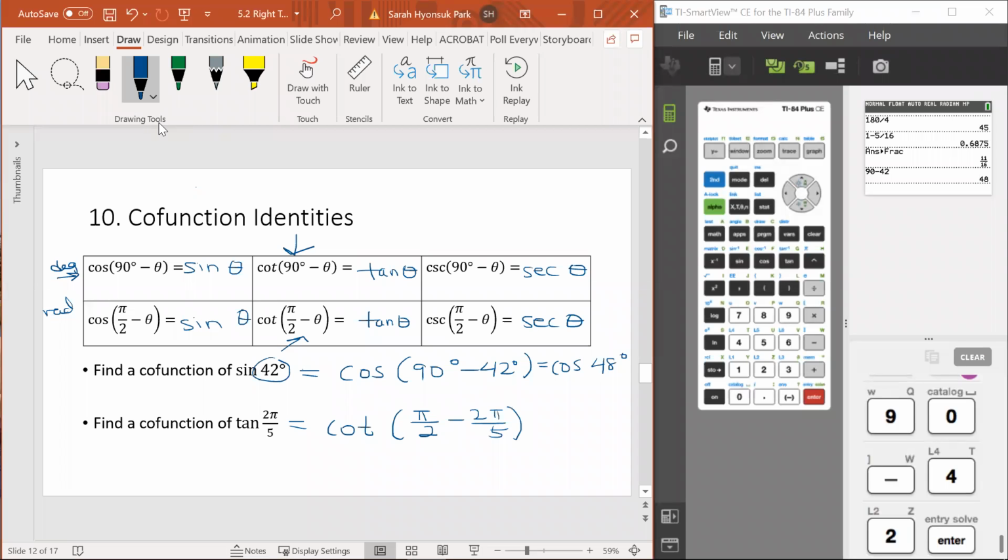To do this, you can use your calculator again, but instead of putting pi over 2, I'm going to just put the number in the fraction part in. So 1 over 2 minus 2 over 5. And then change it to fraction. And so it becomes 1 over 10. So this is equivalent to cotangent of pi over 10.